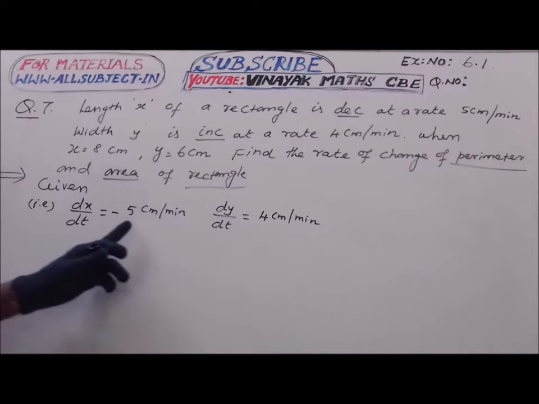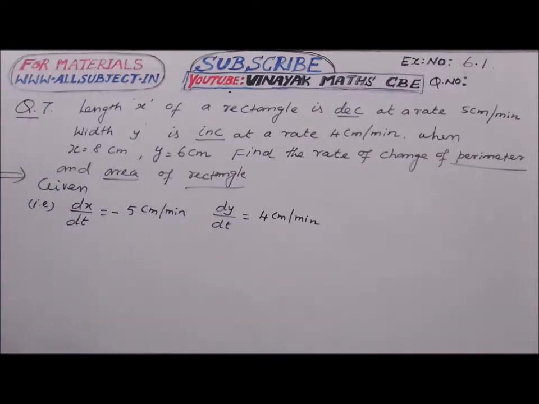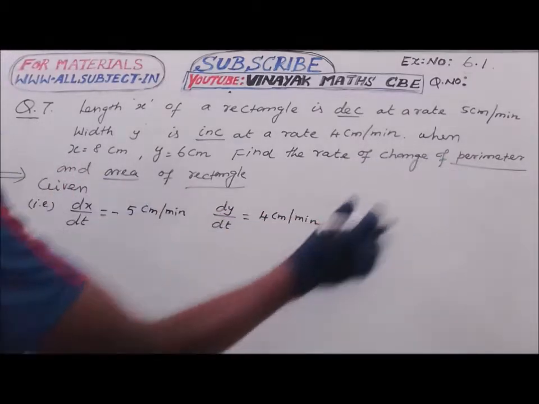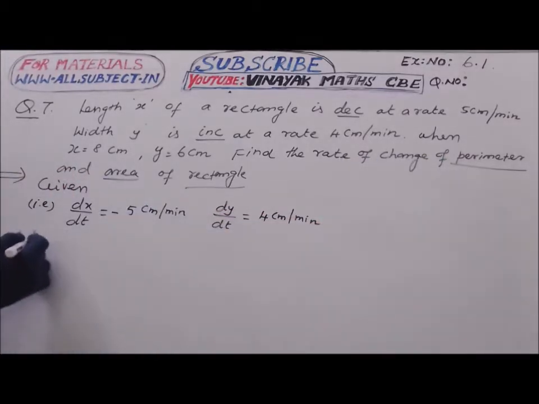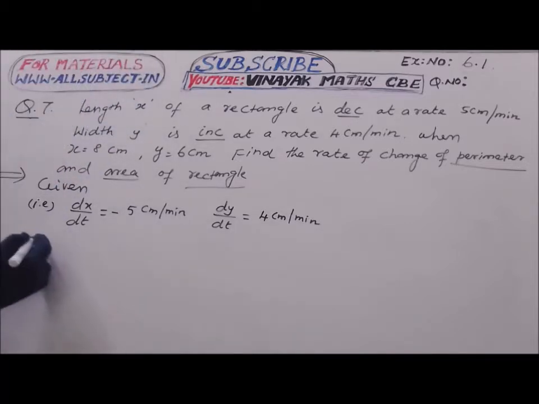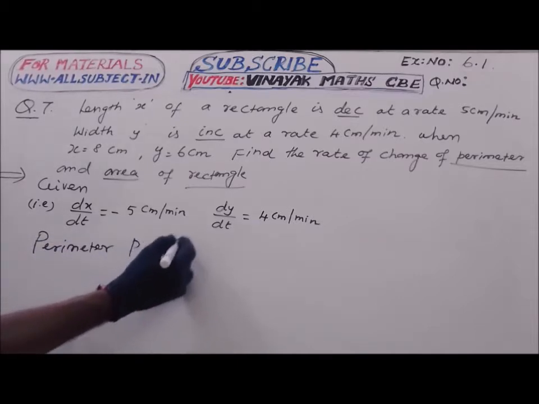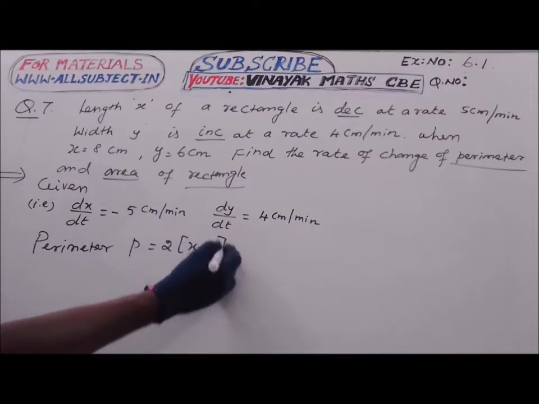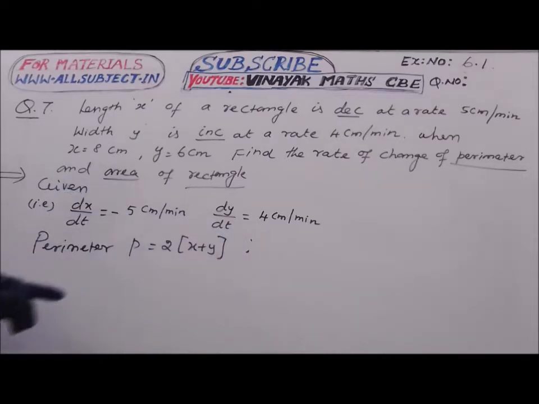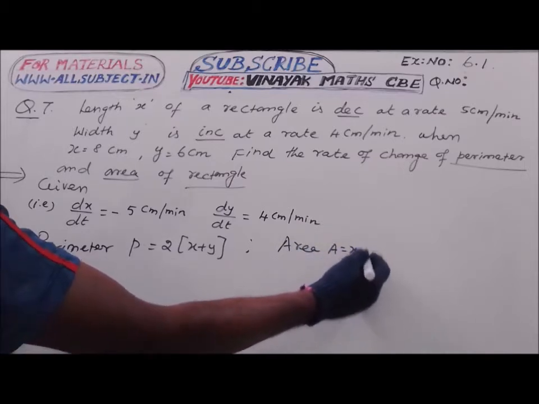dx by dt equal to minus 5 cm per minute, dy by dt equal to 4 cm per minute. And we need to find the rate of change of perimeter. Given x and y are the length and width, perimeter P equal to 2 into x plus y, and the area A equal to xy.